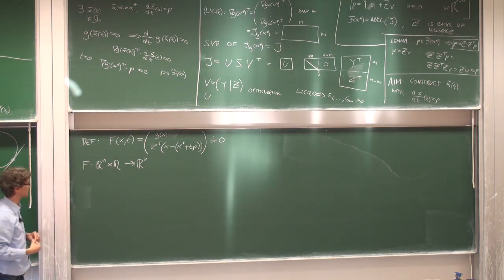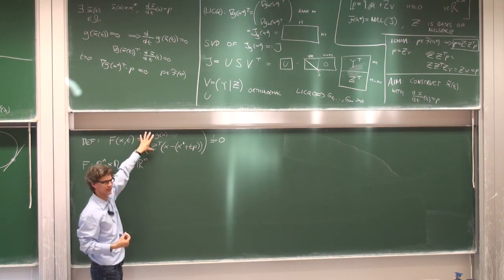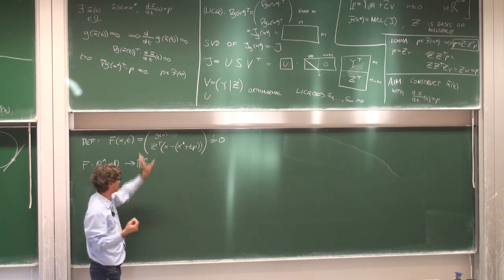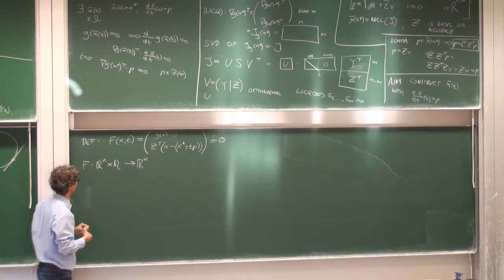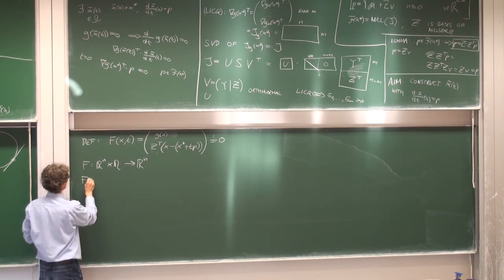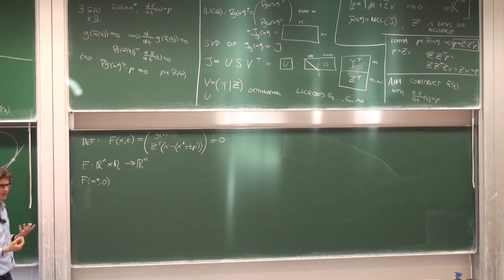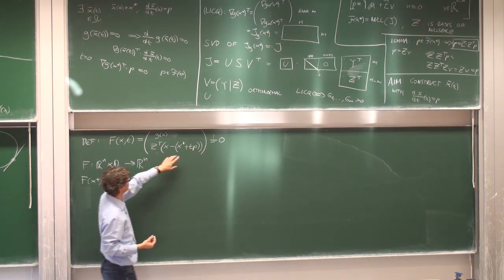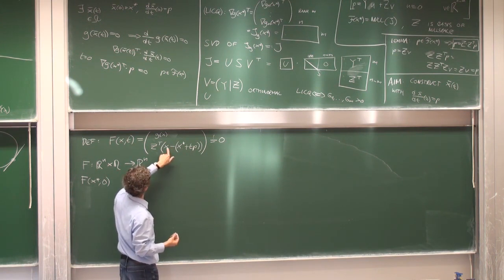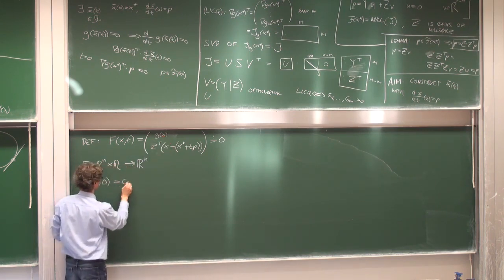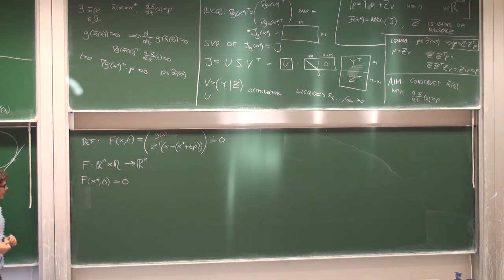And in order to be able to apply the implicit function theorem, this function needs a non-singular Jacobian at a point which I will specify in a moment. So I want to look at this point, f of x star and 0. This is the point where this function is definitely 0, because if I put a 0 here and an x star there, then this thing is 0. And if I put x star here, it was a feasible point, so it will definitely be 0. So that's also something nice, so we can use it.